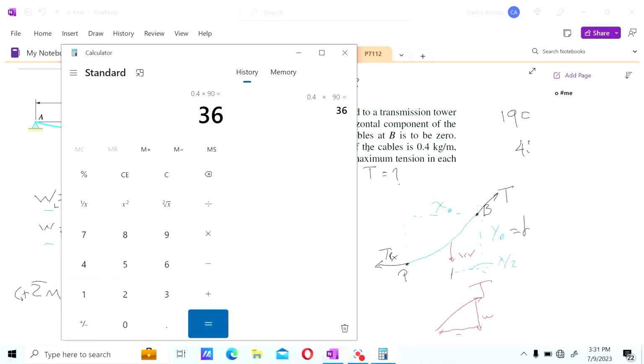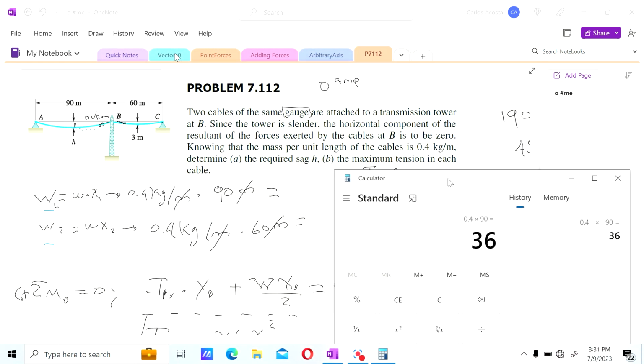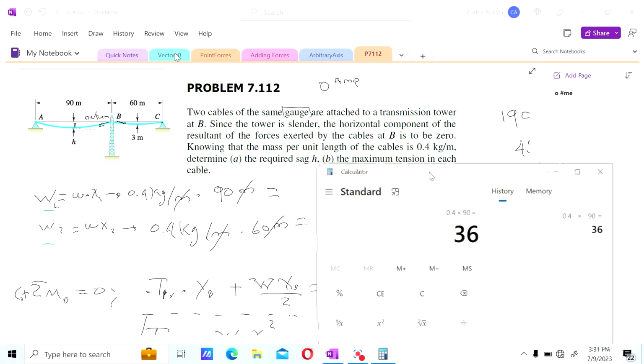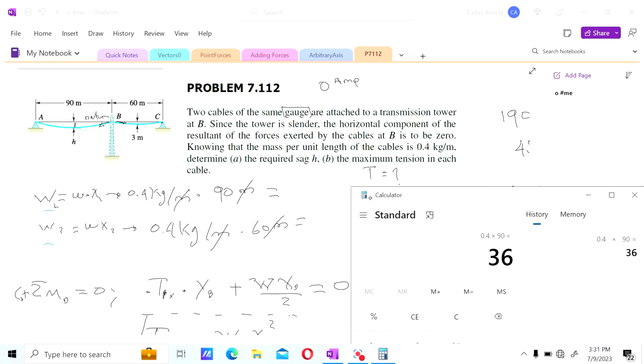So this is 36 newtons per meter. Oh, wait a second. So we have 0.4 times 90 is 36 kilograms.